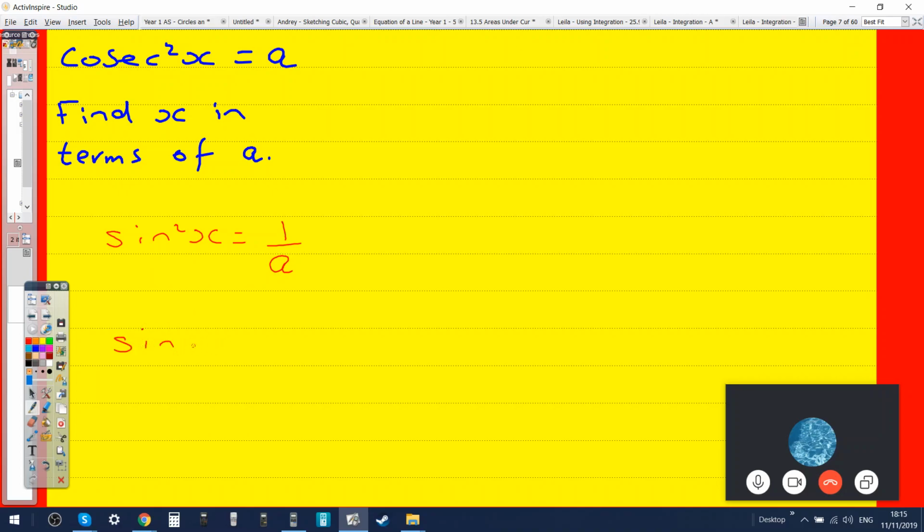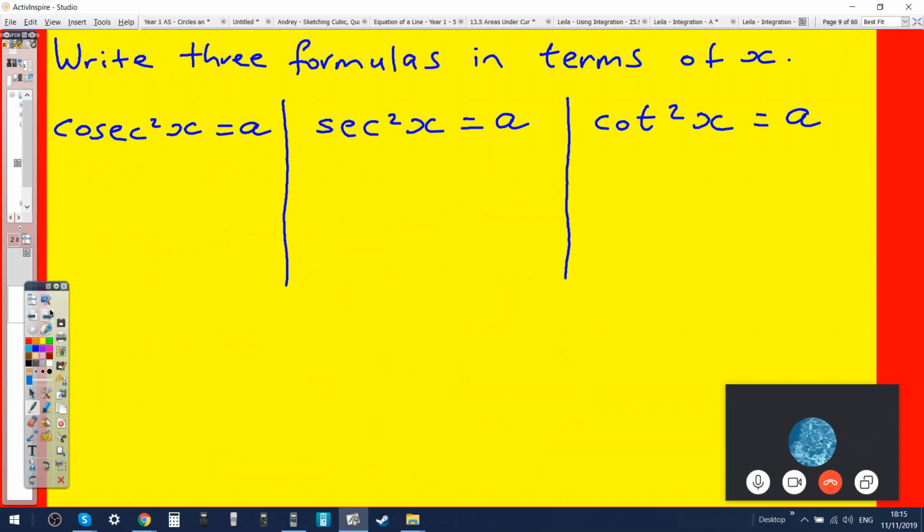Yeah. And then x equals arc sine root 1 over a. And just watch out for the fact that it will be plus or minus. Oh yeah, because it was originally squared. So double the answers, double the fun.